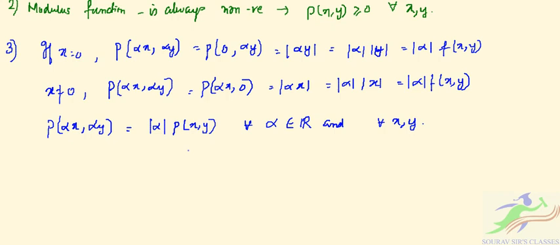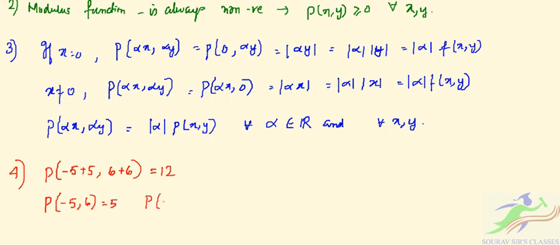Let us check the last option, option 4. This relation is given. If we put P(−5 + 5, 6 + 6), it is nothing but 12. If we put P(−5, 6), it is 5, and P(5, 6) is 5.